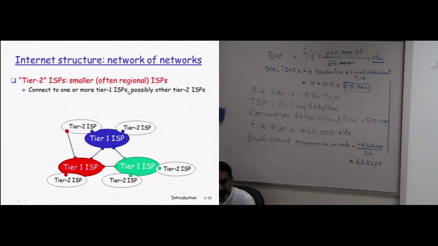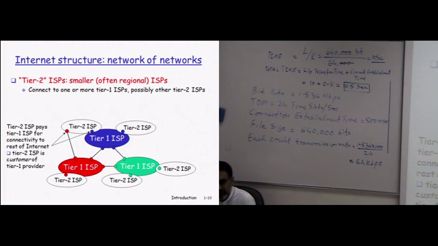They connect to one or more tier 1 ISPs, possibly other tier 2 ISPs. So they can be served by the tier 1 ISPs, and if they want to connect, they can connect again privately with their equivalent peer tier 2 ISP. And one tier 2 ISP can be served by more than one tier 1 ISP.